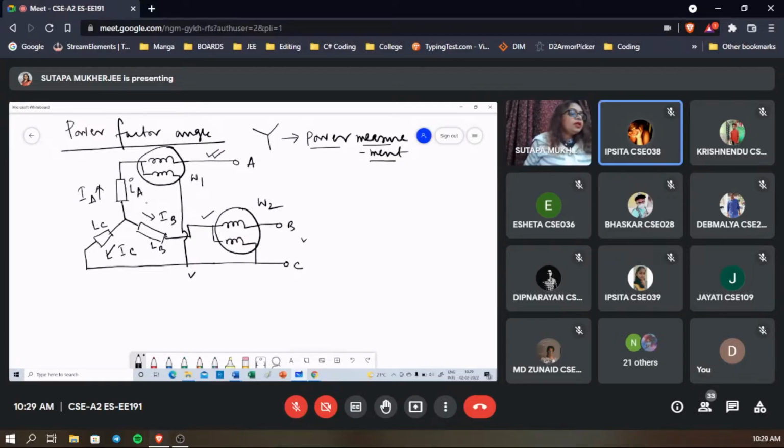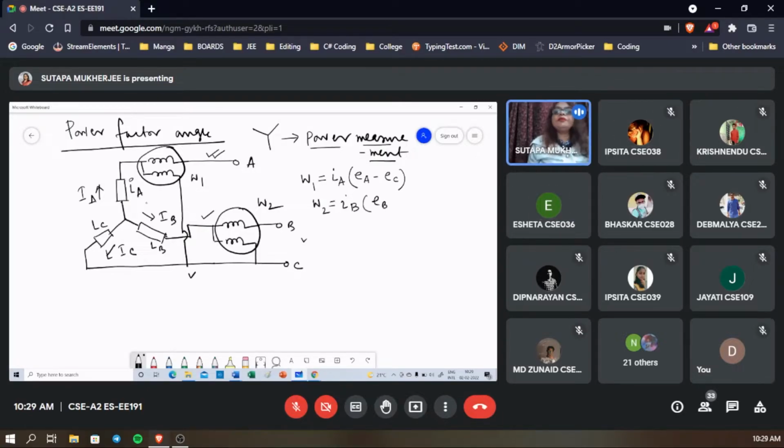So instantaneous power in case of W1 will be what? Current IA into voltage VAC, that is EA minus EC. And W2 will be IB into EB minus EC. So what is W1 plus W2?